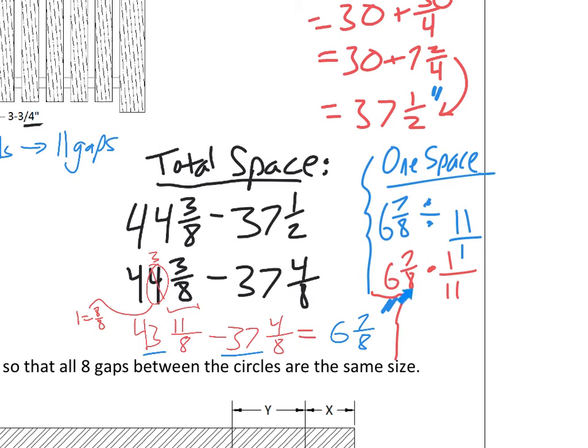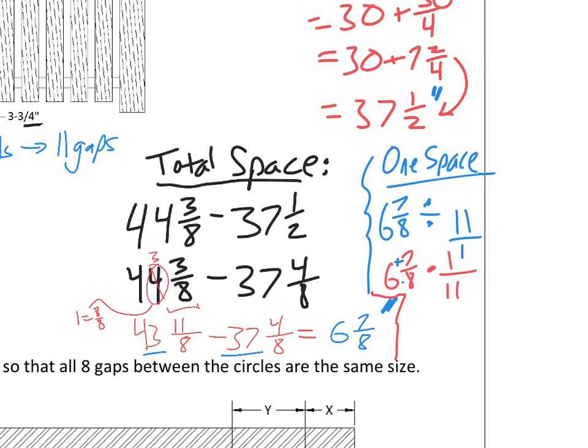Now, this is going to turn out pretty nice, and I'll show you why. We're in luck, because if we make this into an improper fraction, how do we do that? We have 6 and 7/8, and if we want to change the 6 wholes all to 8s, we do 6 times 8 and then add the 7.